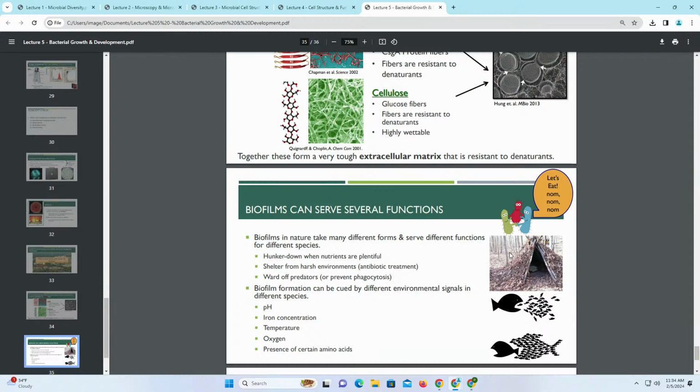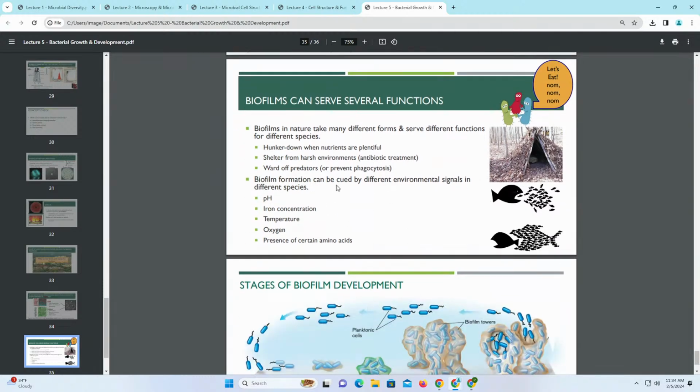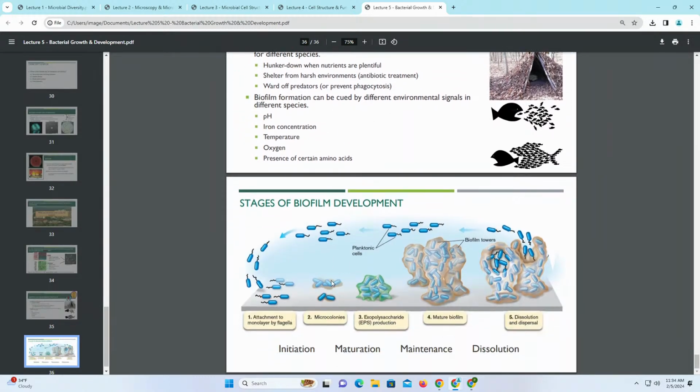And so they make these biofilms to get big and strong and prevent being killed off. And, like we said, there are so many different cues. But let's go through a little bit of the stages of biofilm development.